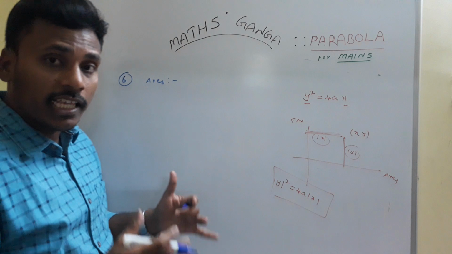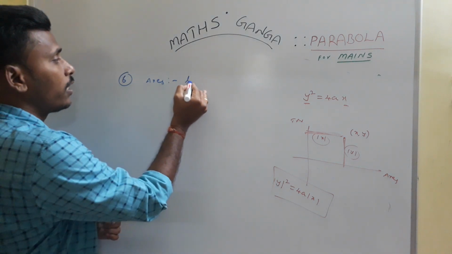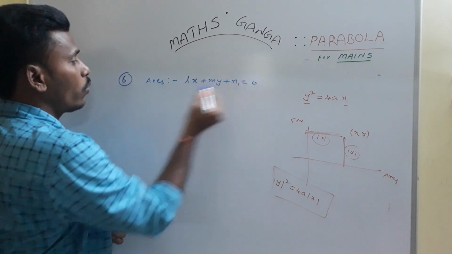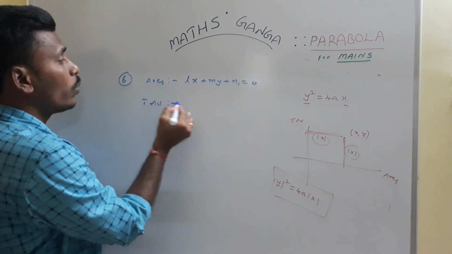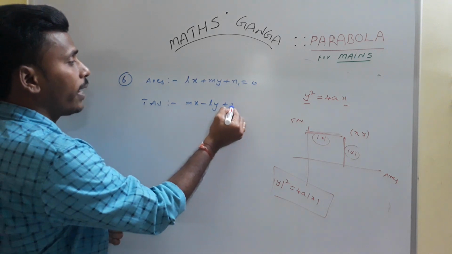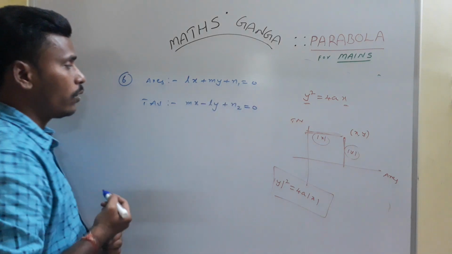Usually the axis and the tangent at the vertex are perpendicular to one another. If the axis is Lx plus My plus N1 is equal to 0 and the tangent at the vertex is perpendicular to this axis, we will write it like Mx minus Ly plus N2 is equal to 0.